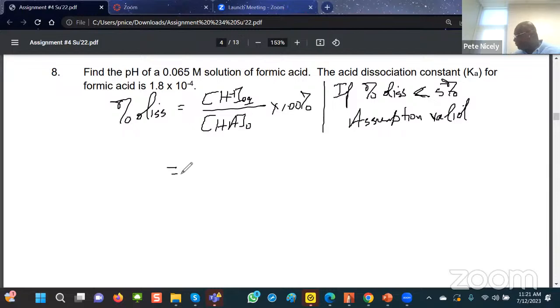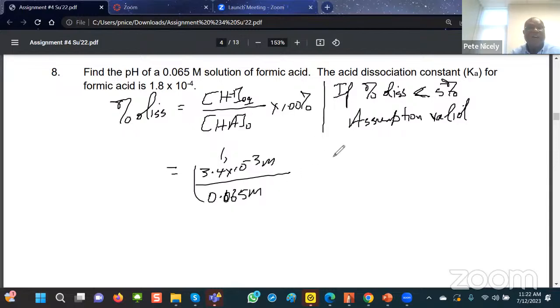Based on what we did before, the concentration of H plus is equal to 3.4 times 10 to the minus 3 M, and the initial concentration of the acid is 0.065 M, and then we multiply all of that by 100%.